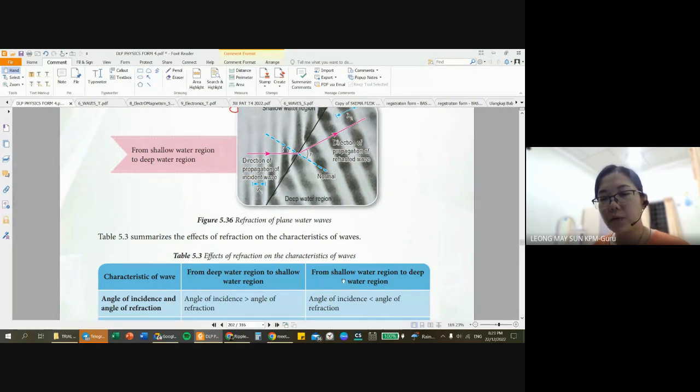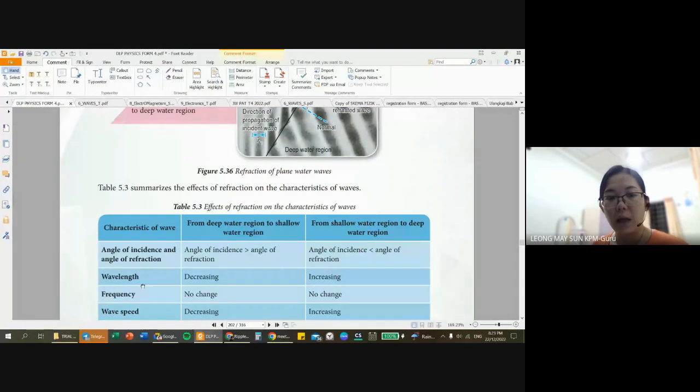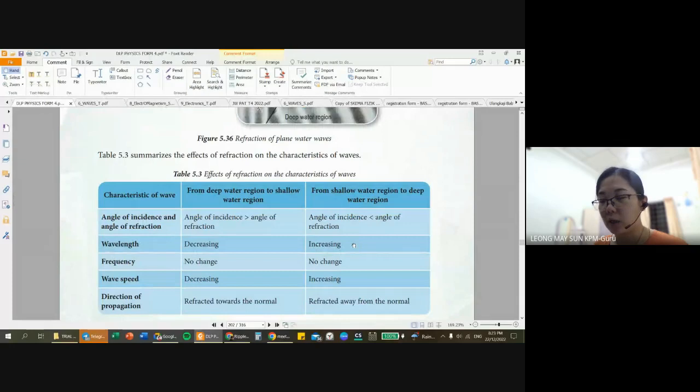So when it's moving from shallow region to deep region, the refracted angle will be greater than the incident angle. Then the wavelength will increase as we saw in the simulation just now. The wavelength increases, but because the frequency does not change, the wave speed will increase.